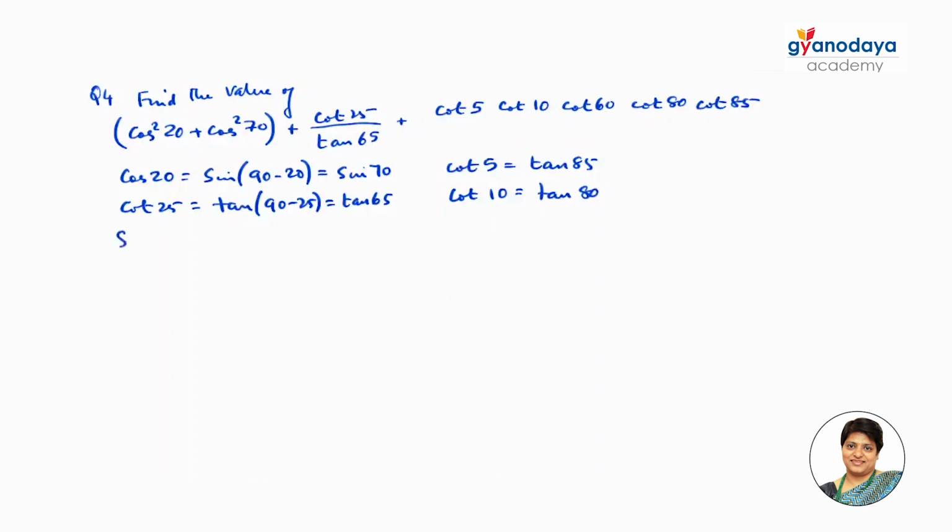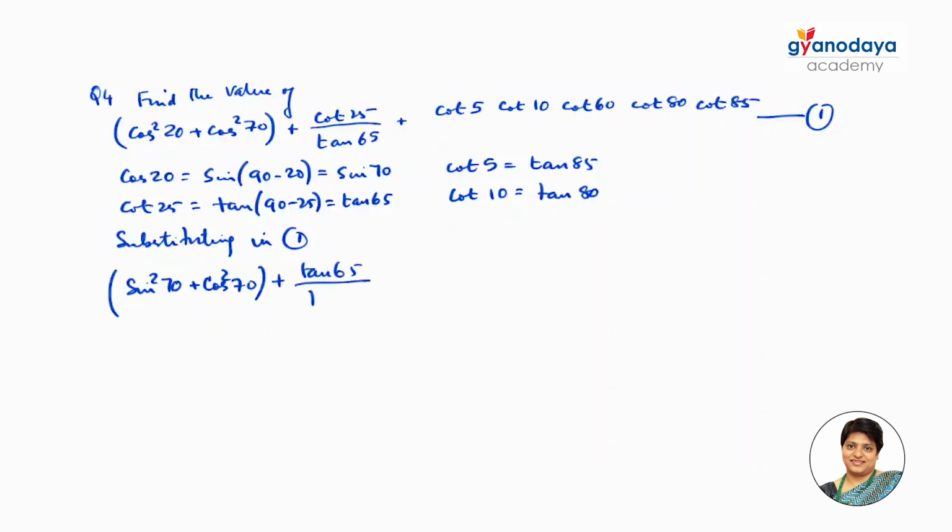When we substitute these in the given equation, let's say in 1, we get sine squared 70 plus cos squared 70 plus tan 65 divided by tan 65 plus cot 5 into cot 10 into 1 by root 3 (cot 60) into tan 10 tan 5.